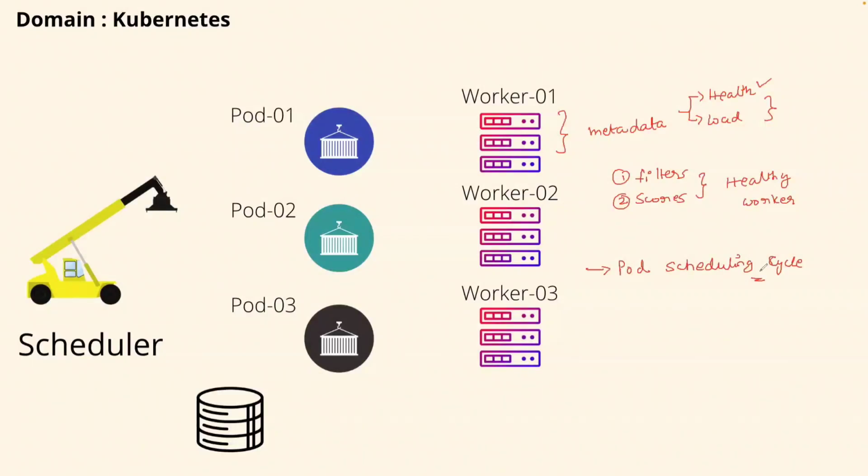And once this information is determined, it is cross-checked with the information that the scheduler has, that is, which worker can handle this pod, and they are matched accordingly. This is the internal working of the scheduler, and that is why pods are provisioned very quickly on the respective worker nodes in Kubernetes.